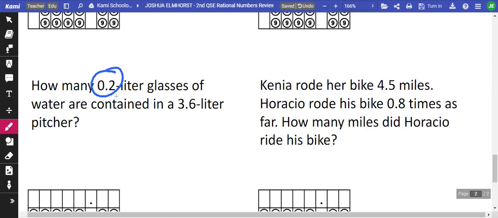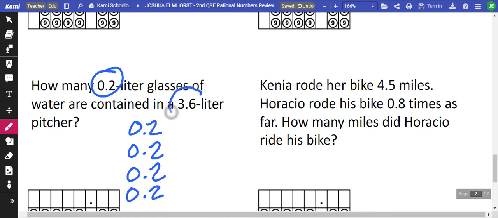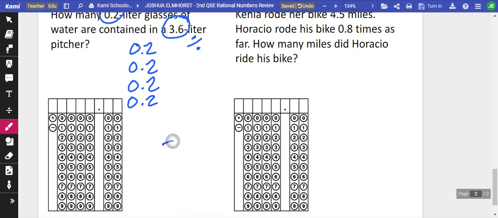Okay, how many 0.2 liter glasses of water can go into 3.6? So you could do the 0.2, 0.2, 0.2 until you get there, or divide. So we got 3.6 divided by 0.2.